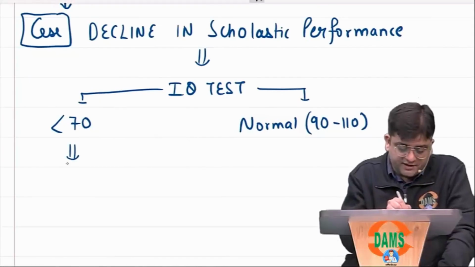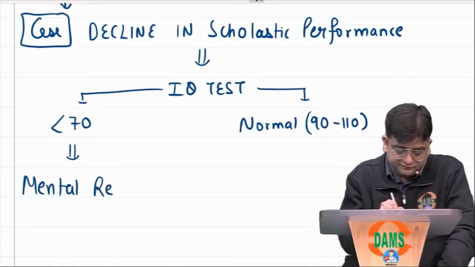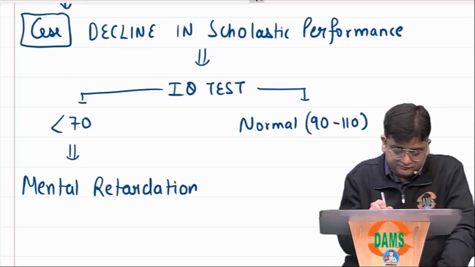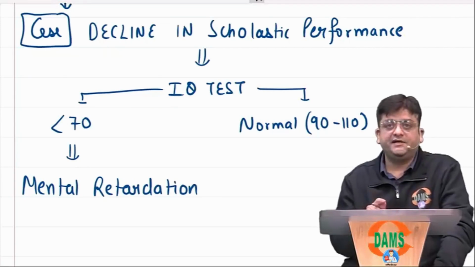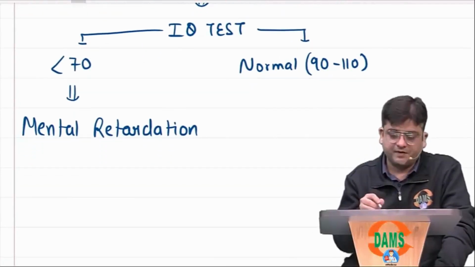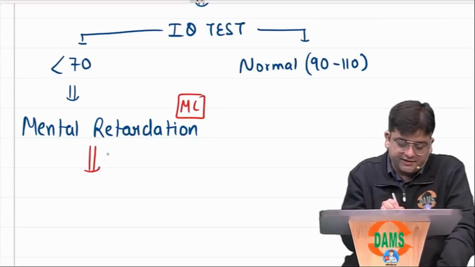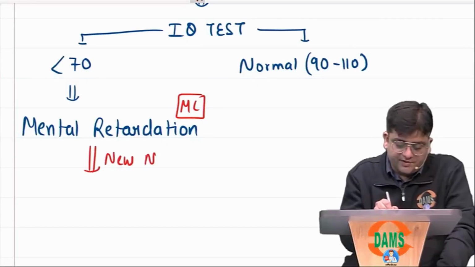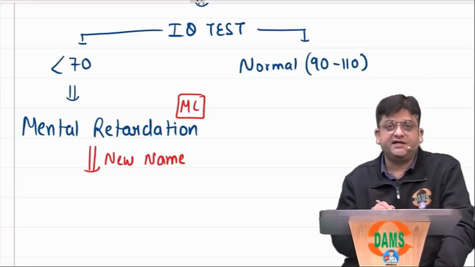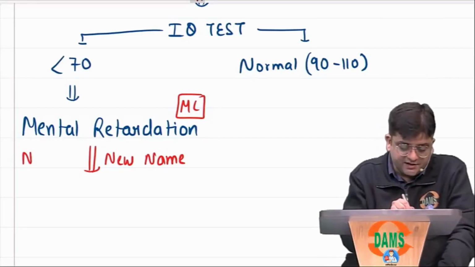Below 70 is known as mental retardation. Mental retardation is the most common cause of performance decline in children. But nowadays we don't call it mental retardation. This has been given a new name.